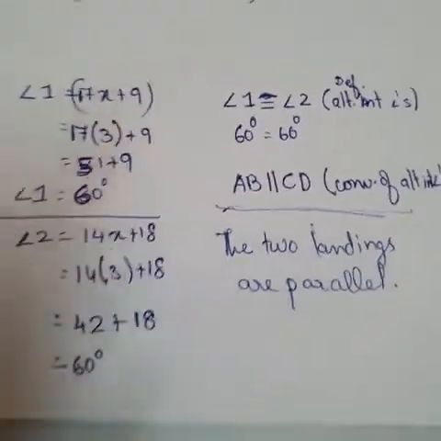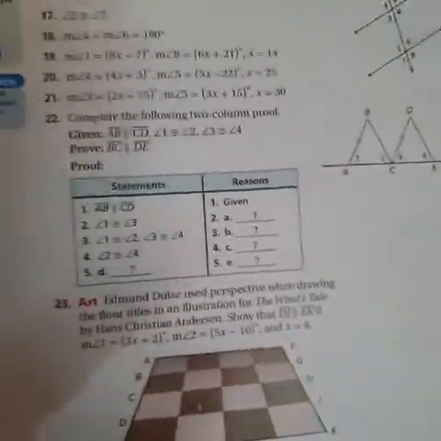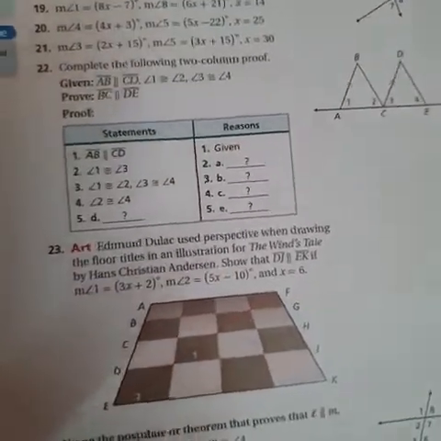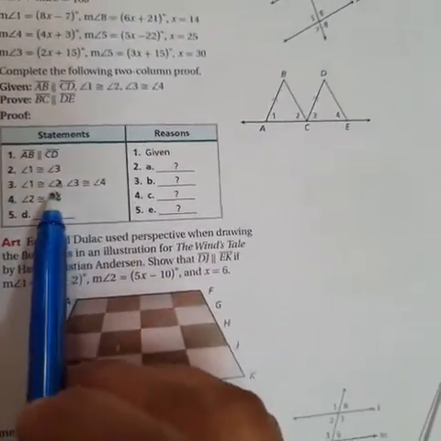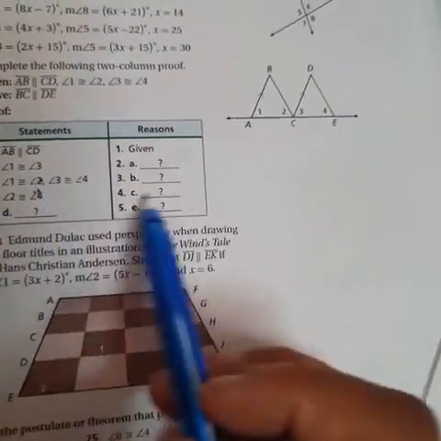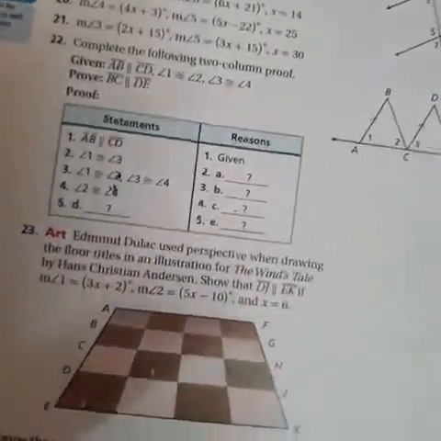Okay, so this is all how you have to do, girls. The remaining lesson is filled with similar kinds of questions only. So I will only show you how to do this part, question number 22, because I want you to learn how to solve a two-column proof.